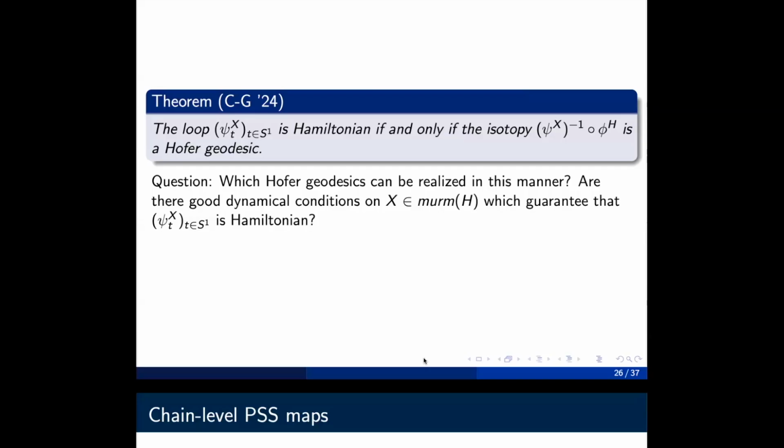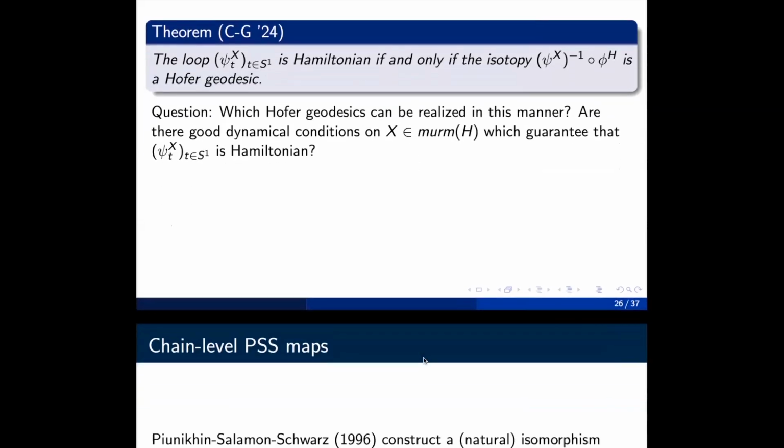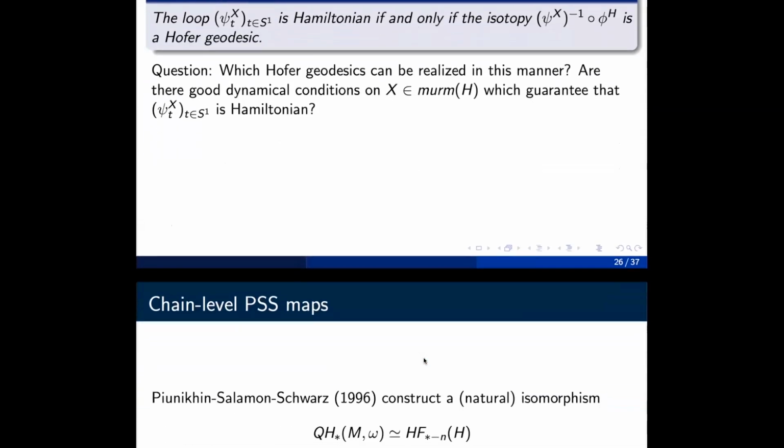It's not always possible, but when it is possible, can you construct a foliation that does the job, right? Morally speaking, and I can't substantiate this in a serious way, I would say that this isotopy that you get after composing by the inverse of the sliding map seems to want to be as close to integrable as possible.